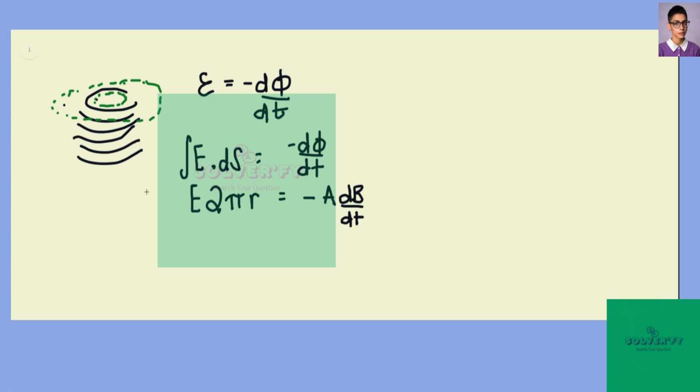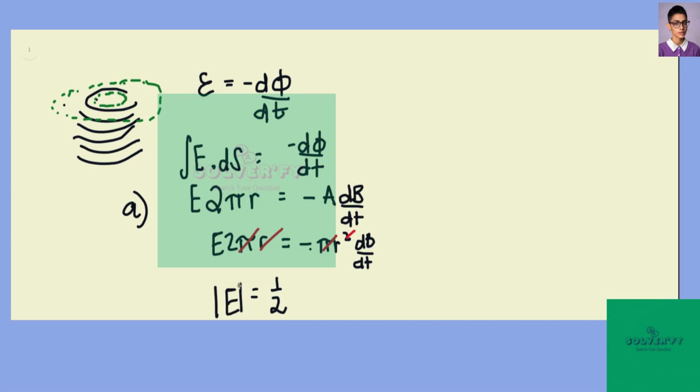So this is the case for within the solenoid. So this area is going to be minus pi r squared dB dt, and we're given dB dt, and just carrying this down. Therefore, we can say within, again, that if we cancel these pi's, cancel an r, then the magnitude of E is equal to 1/2 r dB dt.